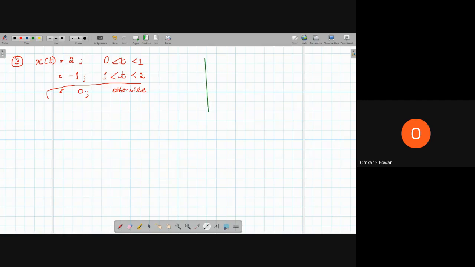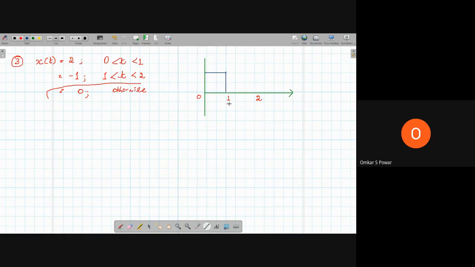Okay. So your x-axis will have 0, 1 and 2. And what is the value between 0 to 1? It is 2. So let me plot this. So 0 to 1, you have got the value as 2.